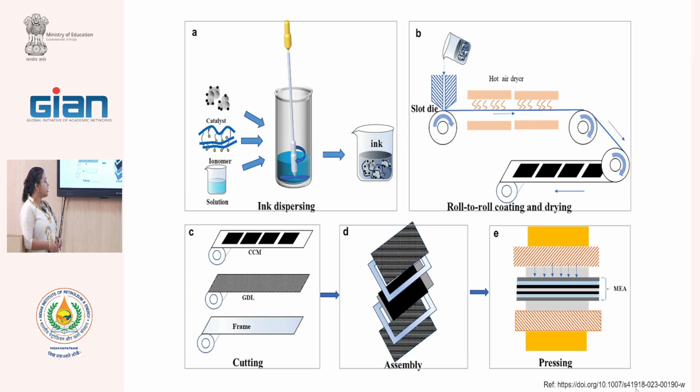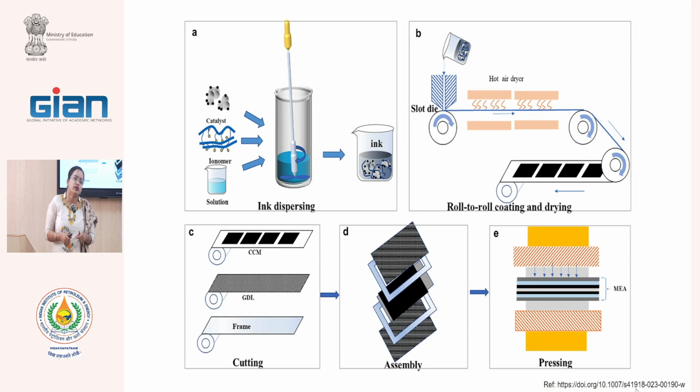After that, what do they do? They put everything one above another, like this assembly of frame, GDL, then the CCM, the catalyst coating, and then they put it in the assembly and do hot pressing.